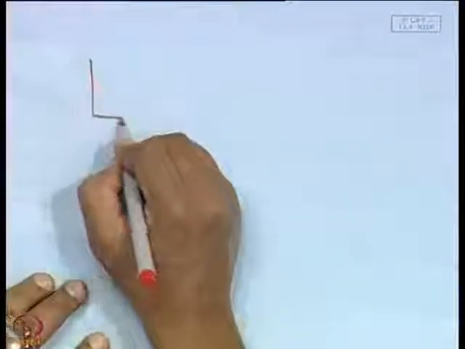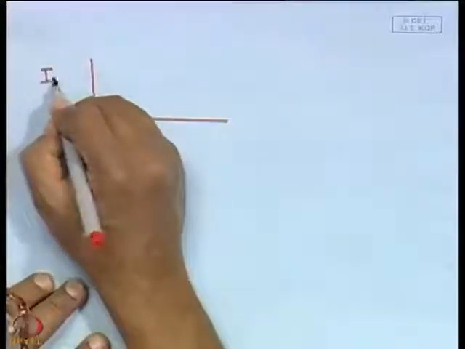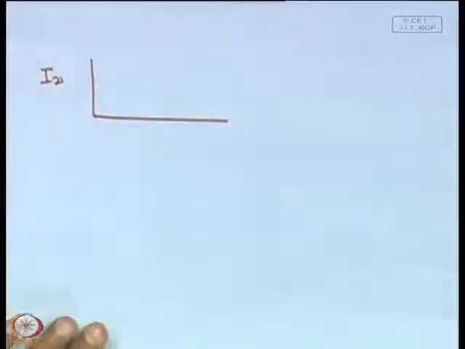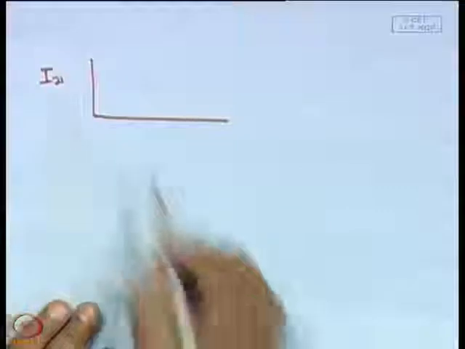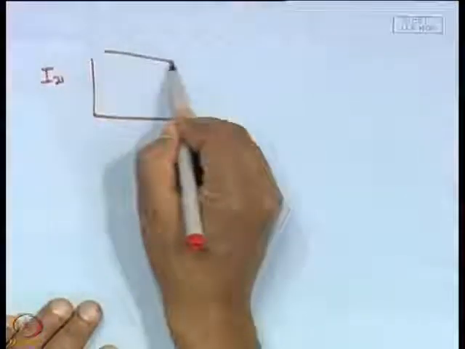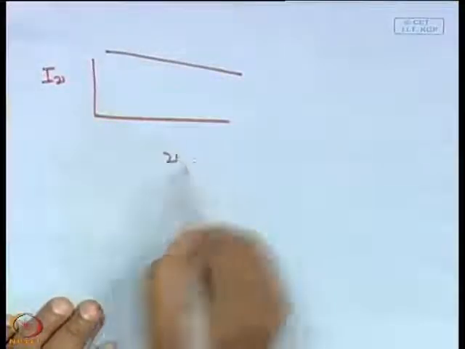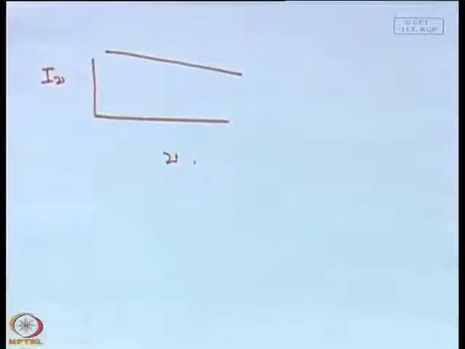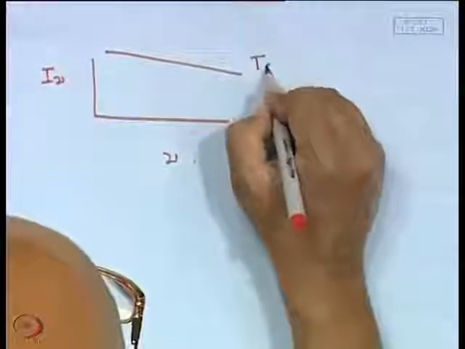Okay, so let me draw a schematic diagram of what you expect. If the shell were not present, then I would have something like this continuum black body spectrum, at a temperature T_core.